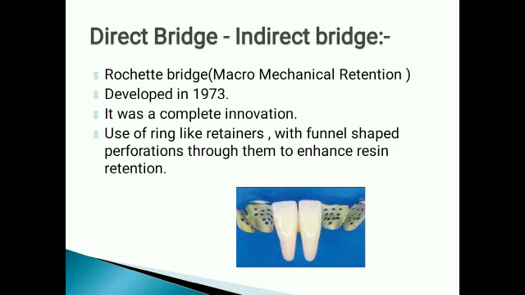Etching retainers coated with pyrolyzed silane showed up to 45% superior retention. The major disadvantage of the Rochette bridge is that the resin exposed through the metal perforations is subjected to external stresses, abrasion, and microleakage.